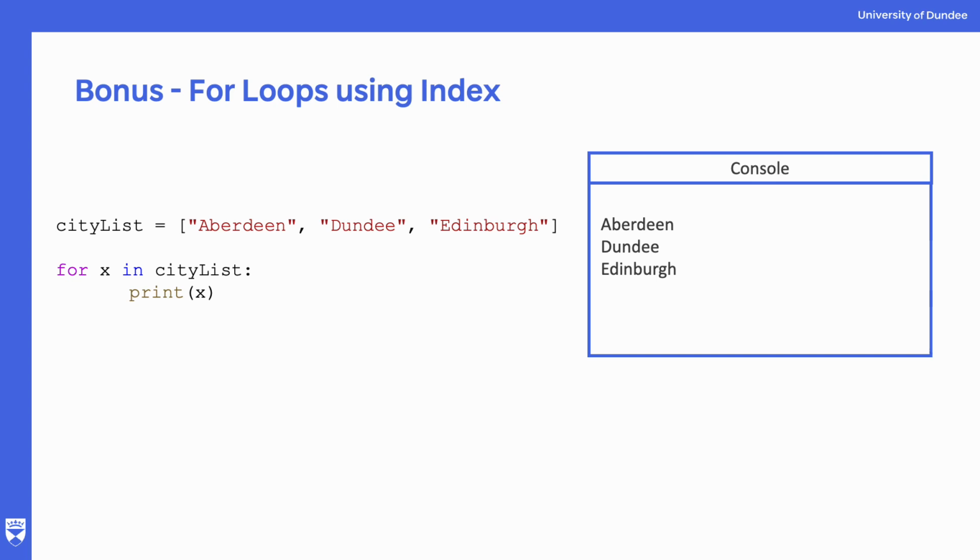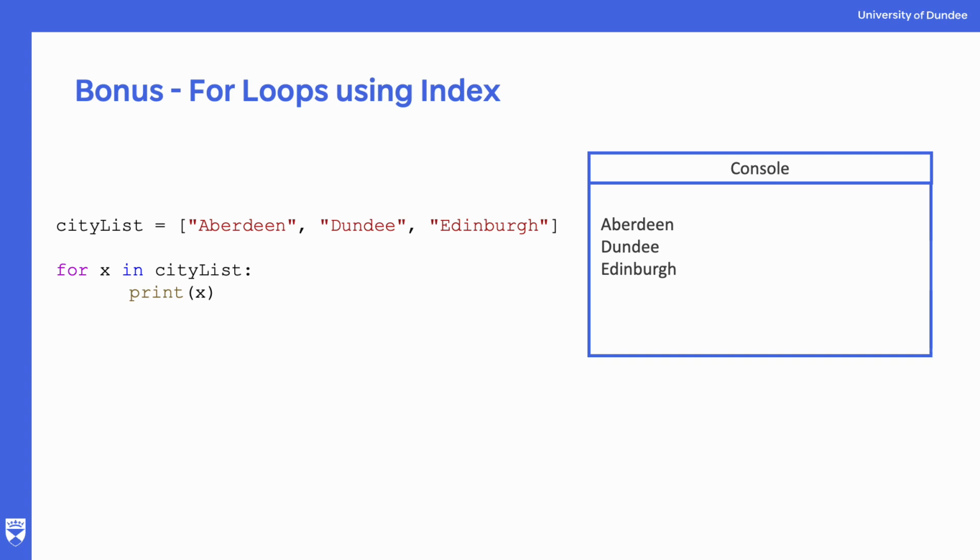So previously, these for loops, we've seen that we specify a range, that we can specify how many times we want something to happen. If you already have a structure set up, so in this case I have a list of cities, it will let you basically loop through that using the index within the list without you needing to specify that.